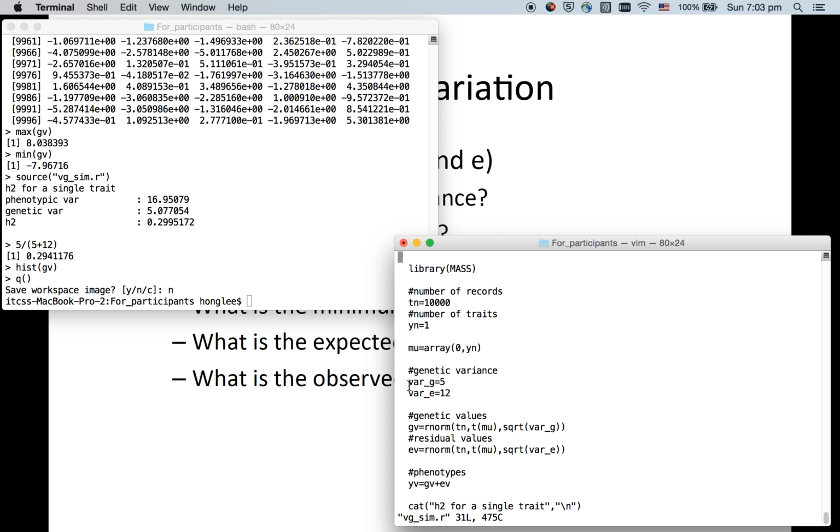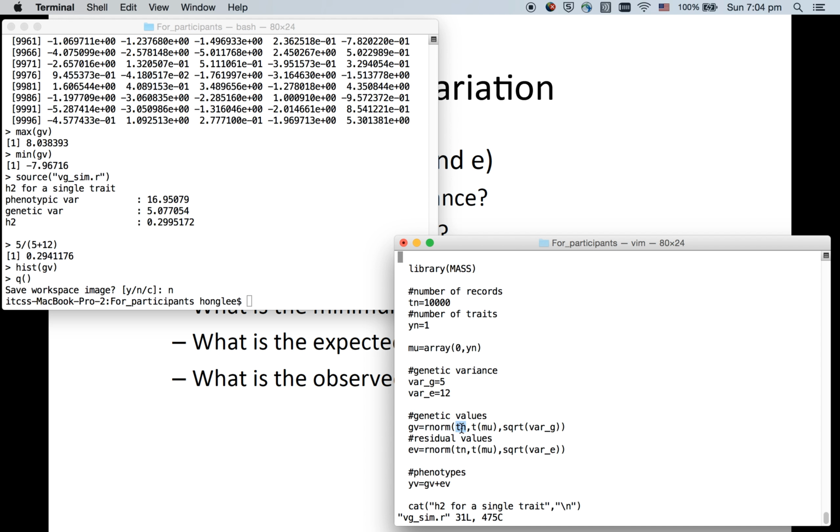Then these are the true simulated values: genetic variance is set as 5 and residual variance is set as 12. This is how to simulate genetic values. I give it the name GV, genetic value. This is our function, the normal distribution, with n as the number of records.